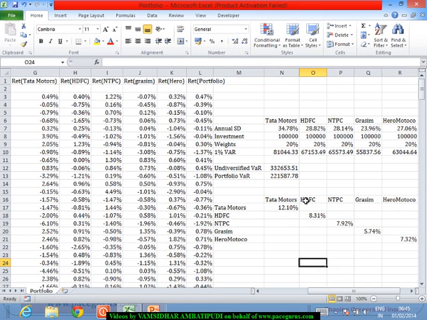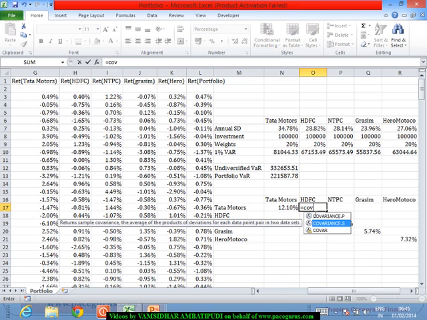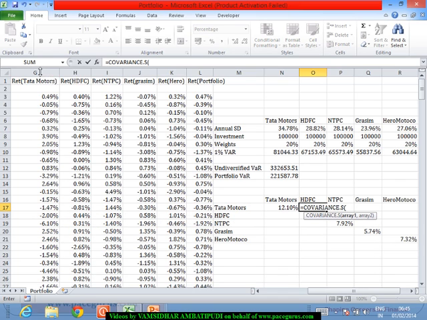Then we are trying to even compute the covariance associated with each of them, right? Variance covariance kind of a matrix. Okay, so I'll take covariances of each one. So Tata Motors versus HDFC, variance covariance. So this is the covariance associated with these two.